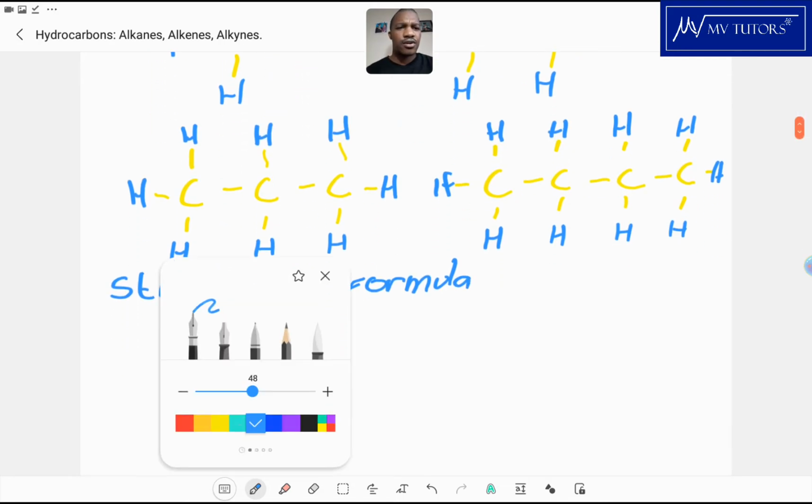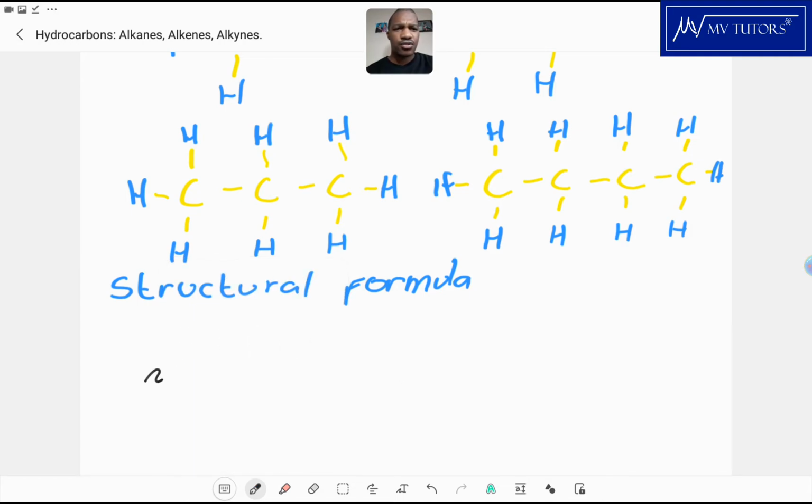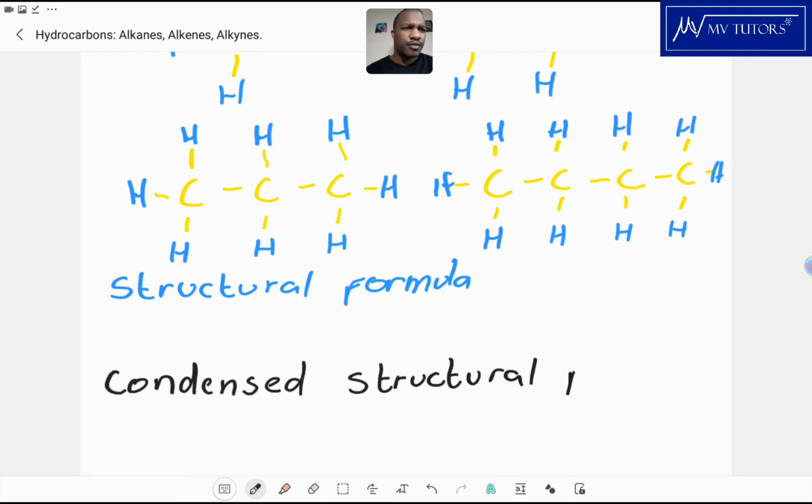And then let's talk about the condensed structural formula.